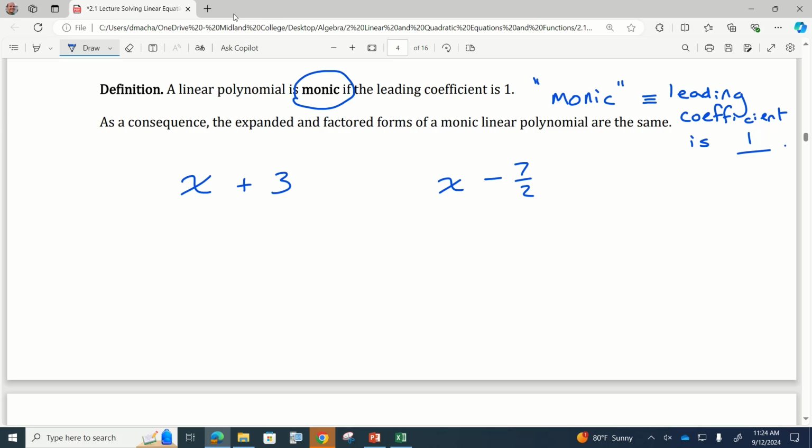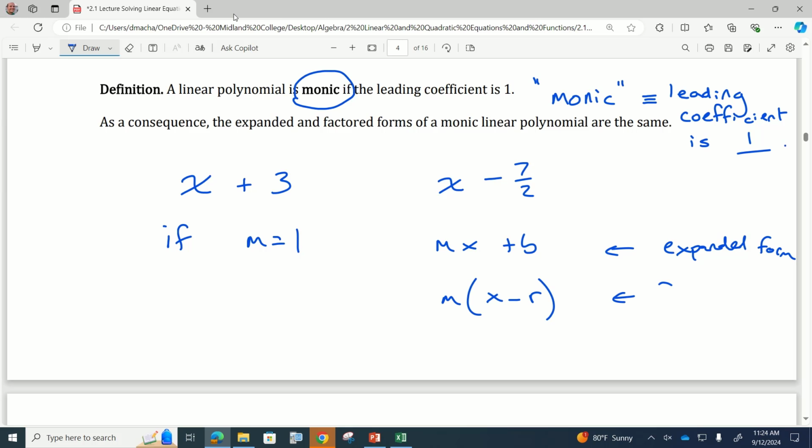But that means your expanded form and factored form are really the same thing, right? So if your leading coefficient is 1, then your expanded form and your factored form are really the same thing.